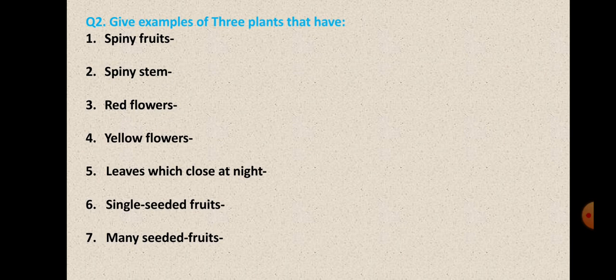Second question is, give examples of 3 plants that have. Now students, you should remember, we had earlier discussed the textual exercise of lessons 1 and 2 both, and we had a lecture on that also. I had given you the answers also. So this question is a repetition.